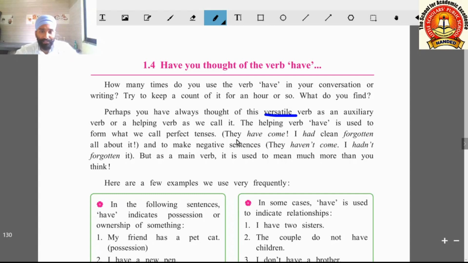Here examples are given. We can see, they have come. This is present perfect tense. I had clean forgotten all about it. And to make negative sentences, they haven't come. I hadn't forgotten it. Here, what is the rule for making negatives?